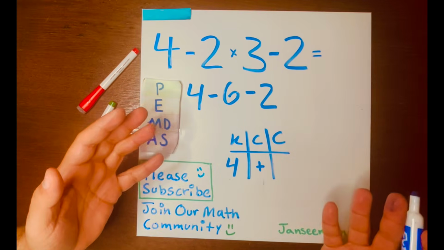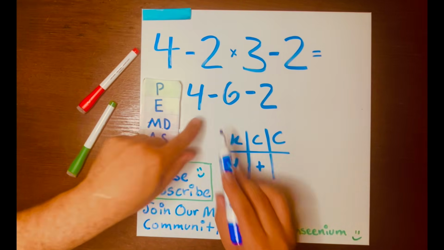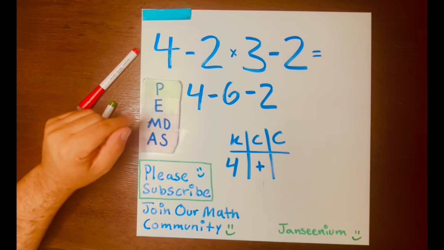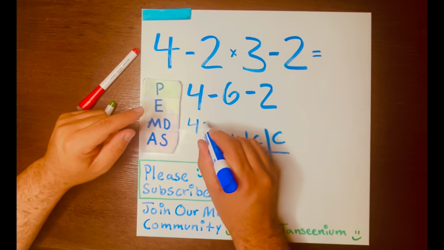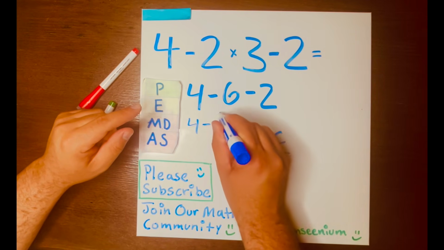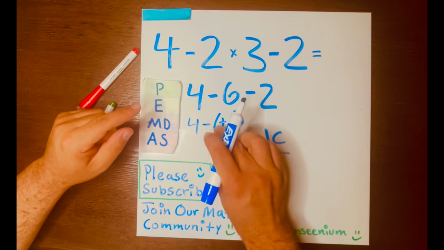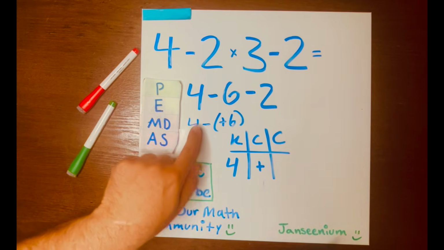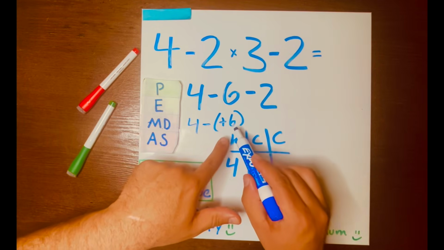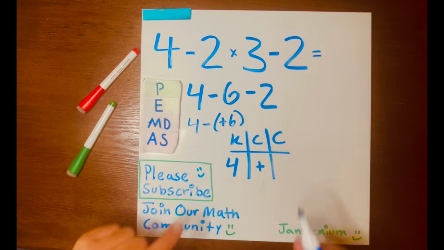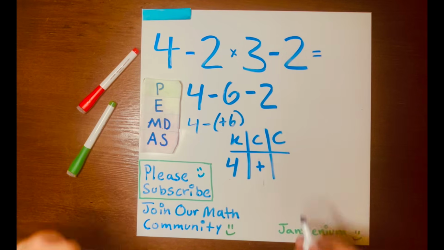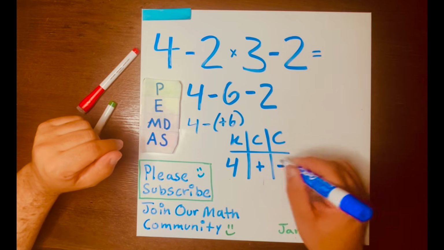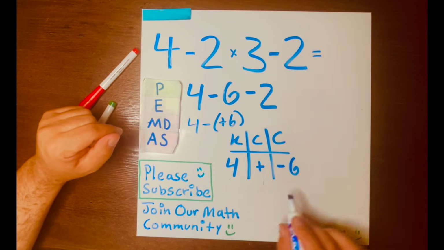And you're probably saying, how is that a positive 6? I see a minus next to the 6. If you rewrite this, it'll be like this: 4 minus positive 6. And that's the same as 4 minus, and in parentheses, you have positive 6. So you want to change that positive sign to a negative sign. And so it becomes negative 6.